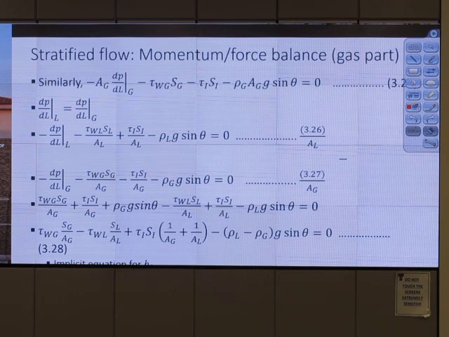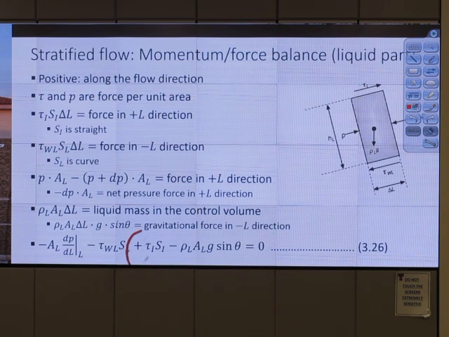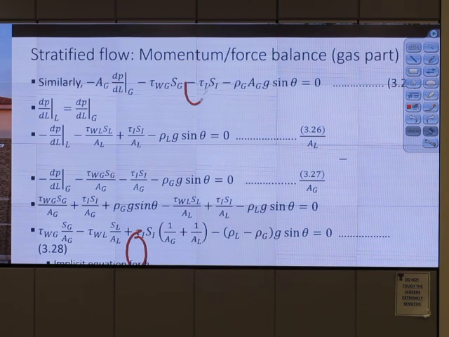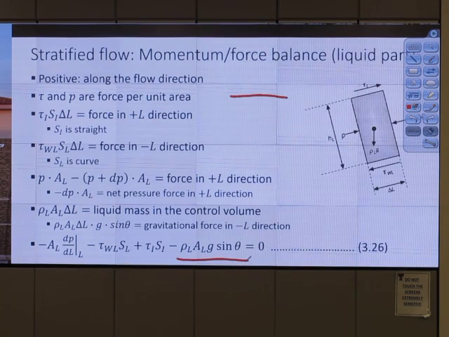The part that is different is tau I, because with respect to its own control volume, for gas, tau I moves backward, but for liquid, tau I moves forward. So that's why we have positive here, but negative there. And this term is the same, rho G sine theta. Of course, you have delta L for each term and you divide by that for all of them. So this one looks like this.